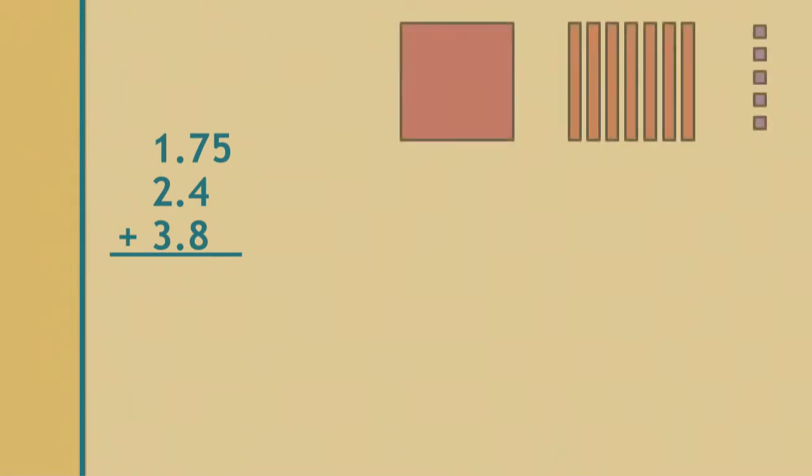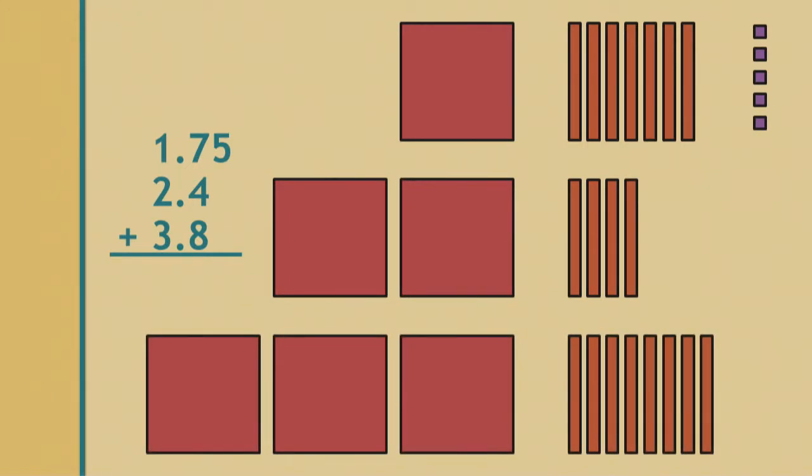We can also use place value pieces to illustrate this addition. Let's see what happens when we use those. The first number, 1 7/75, is shown with a single 1, 7/10, and 5/100. The other two numbers are shown with 1s and 10ths, but neither has any hundredths. Let's start grouping them together.